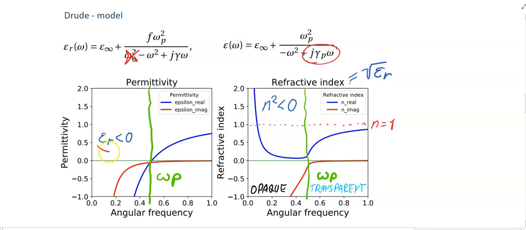The real part of the relative permittivity is negative below the plasma resonance frequency. Later on, we shall see that this feature enables very special guided modes that are called surface plasmon polaritons.